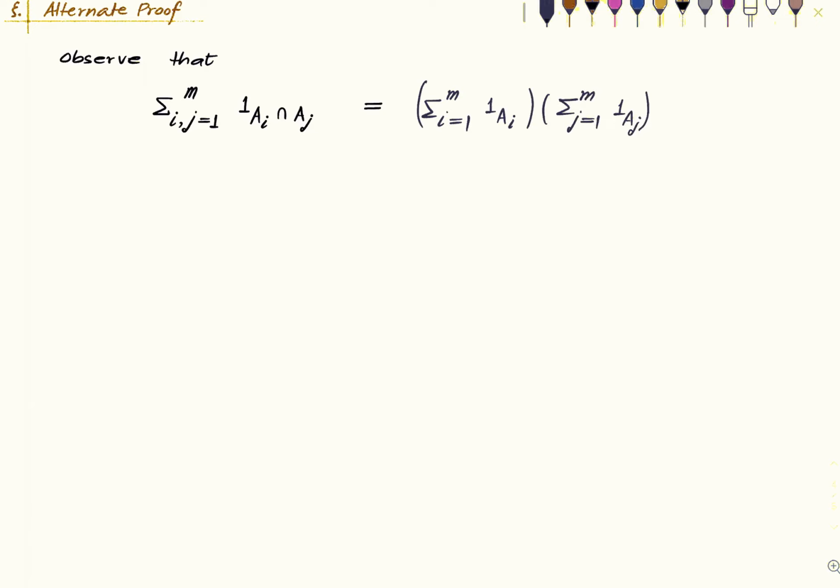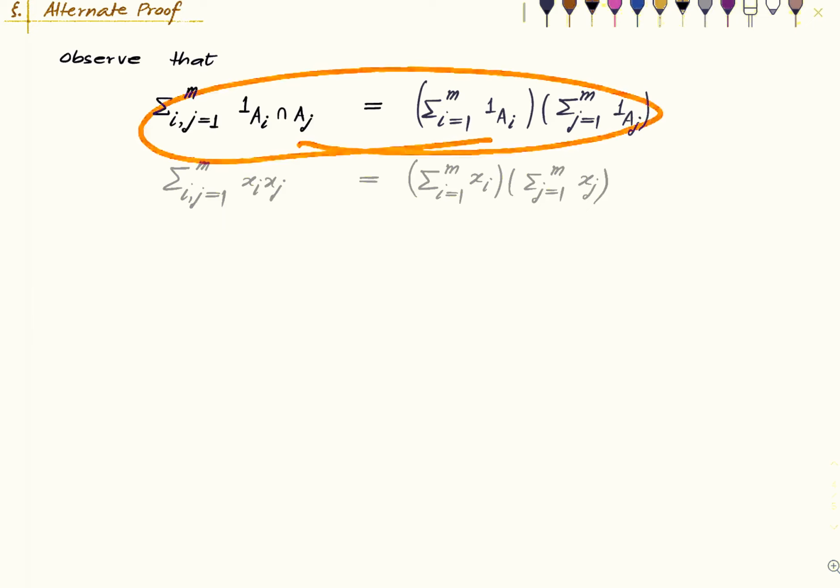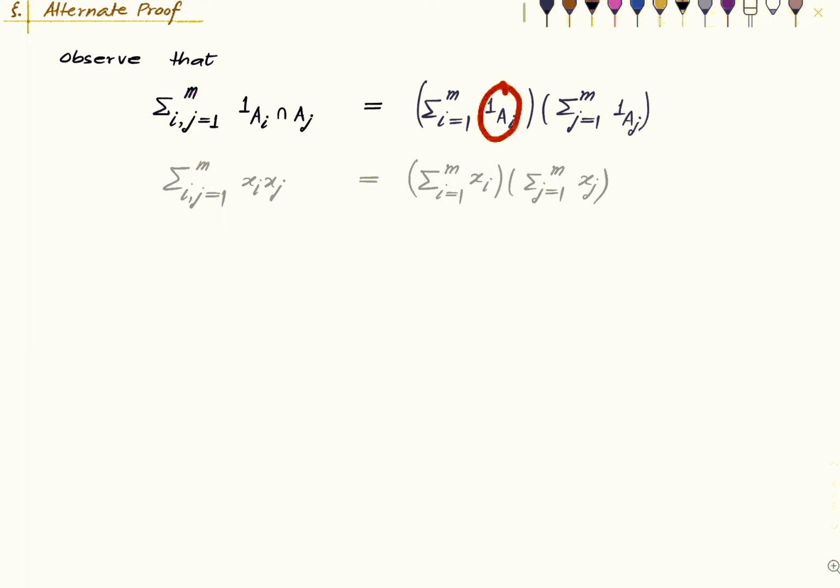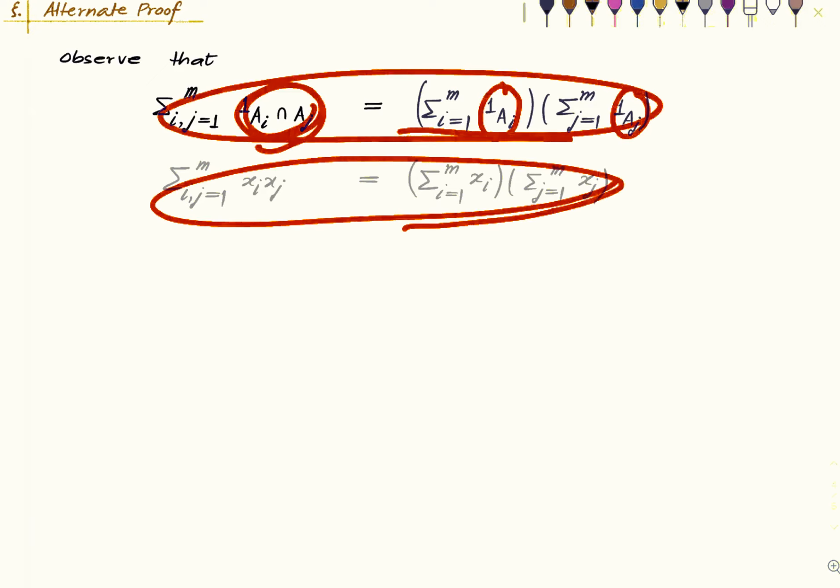What we are really doing is this, something that you must have definitely seen. This is all that we are really doing in the above thing, because what is the product of one A_i with one A_j? That is this guy. So this is really what is going on in the above equation.